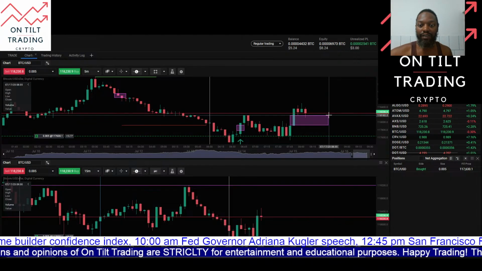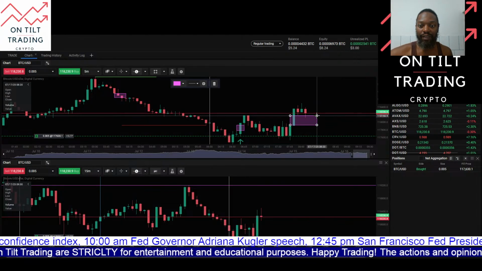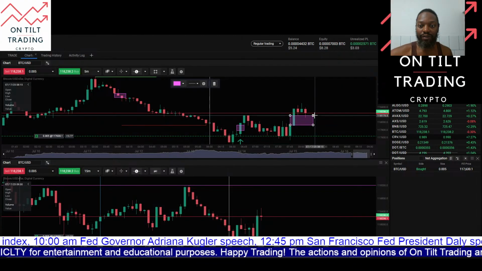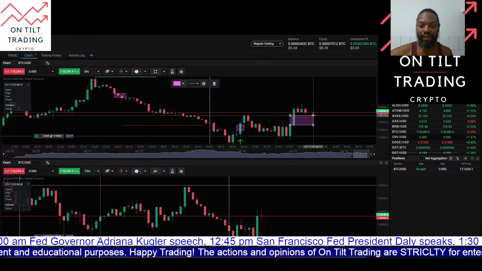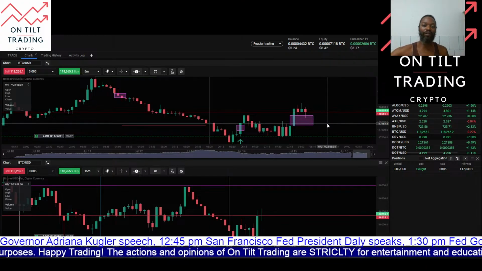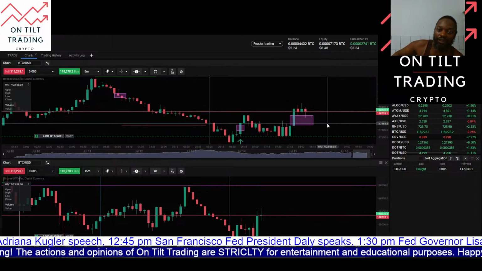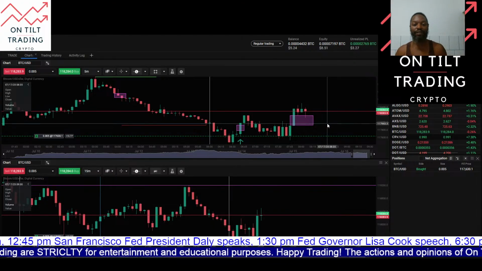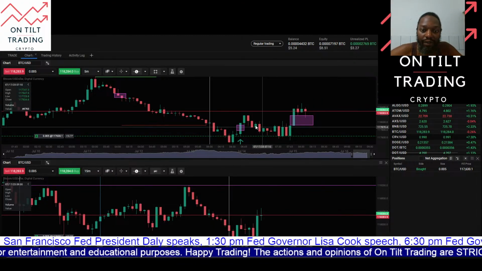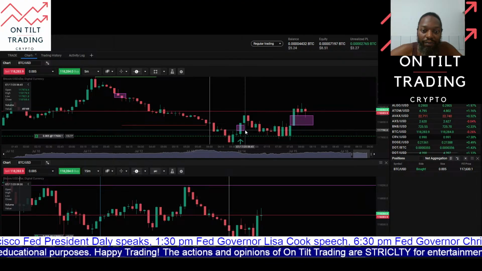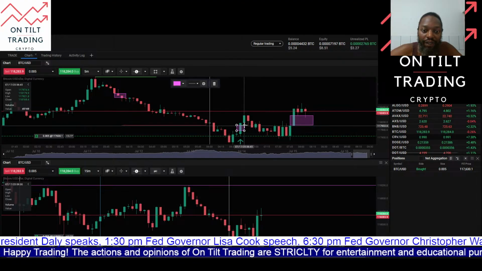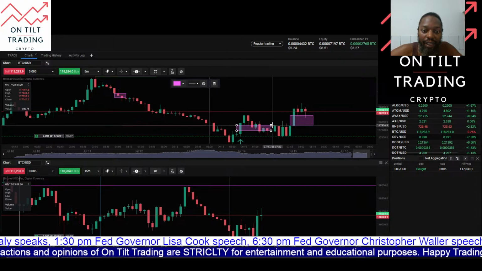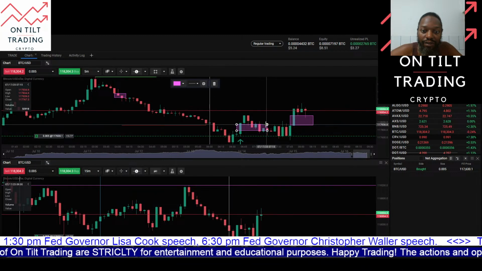And I'll just extend it out a little bit in case price action goes back into it. But this is the price action I was waiting for in order to potentially facilitate another leg higher, potentially into that order block, that fair value gap that's higher in the range.